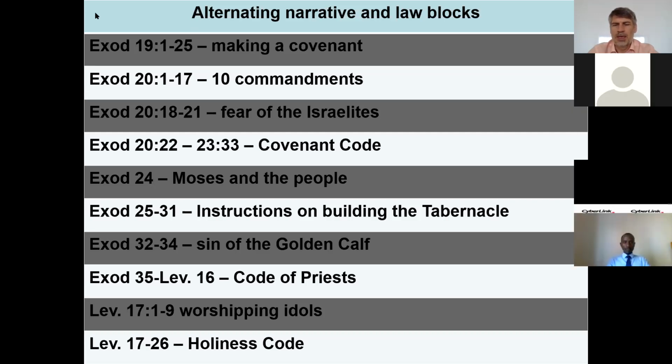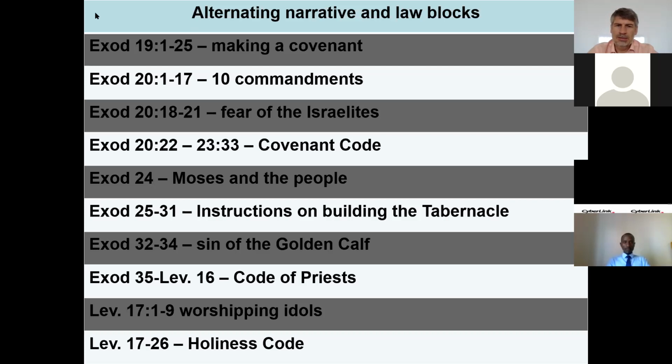During the end of their journey in the wilderness, many people started dying. And of course, they needed somehow to bury them. And it is impossible to bury a person without touching him or her. So in this case, they needed a special regulation about how to purify themselves after touching the dead bodies.